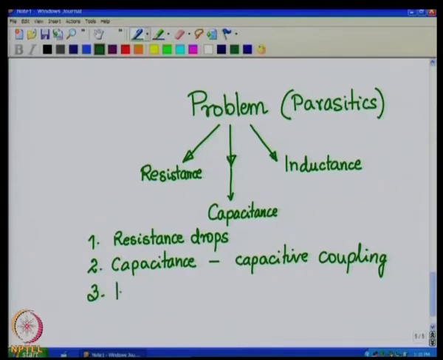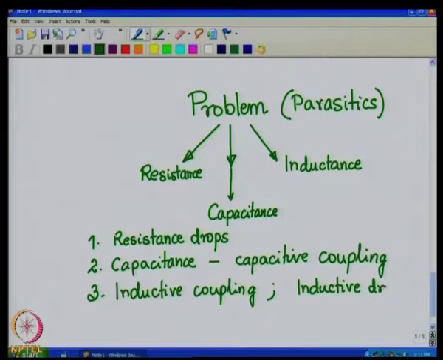And then you can have inductive coupling, resulting in a mutual inductance between two tracks and then crosstalks due to that. The inductance can also cause further problems, not only in coupling between tracks, it could also cause inductive drops. This is also a major problem that needs to be addressed.